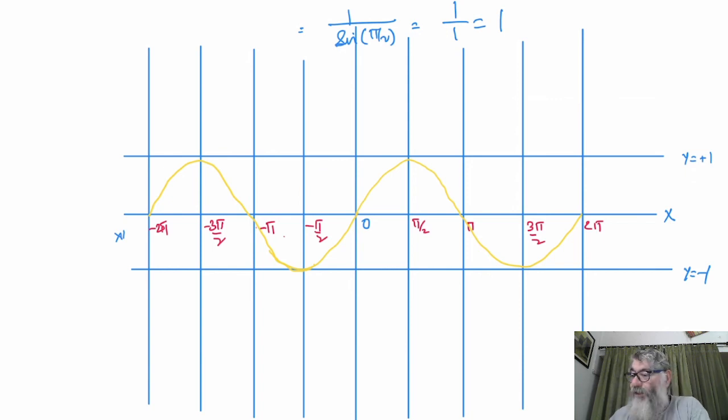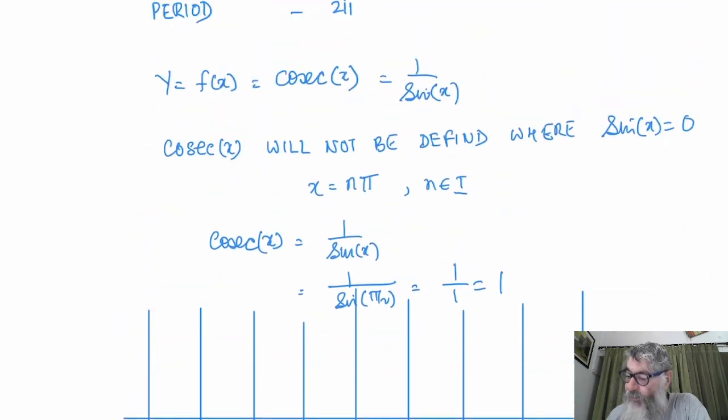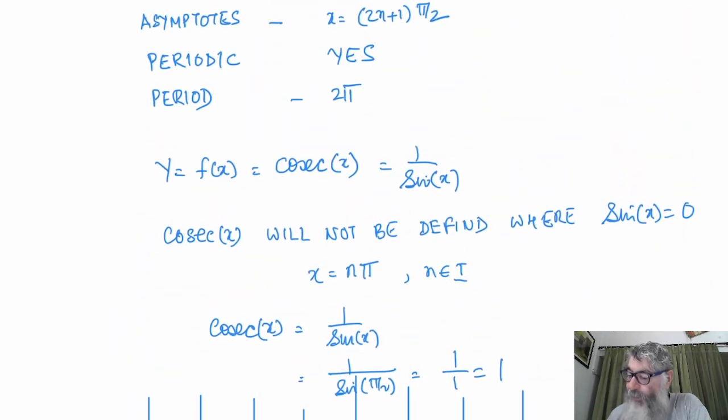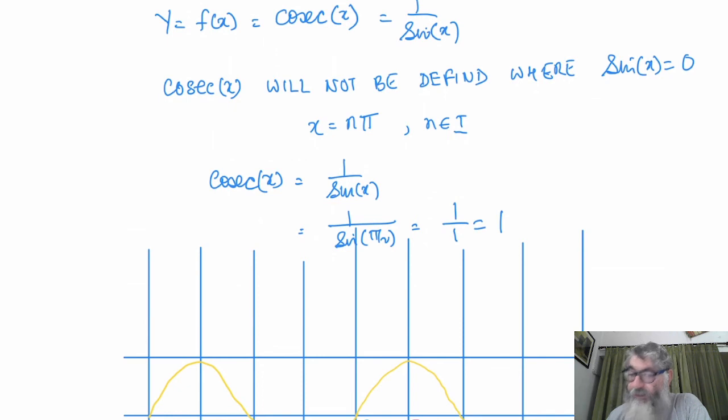And where it is not defined, we don't need to draw this curve, but we have drawn this. And let us see further. What does it say? It is not defined at n pi. It will not be defined where sin x is 0. So between 0 and pi it will not be defined.